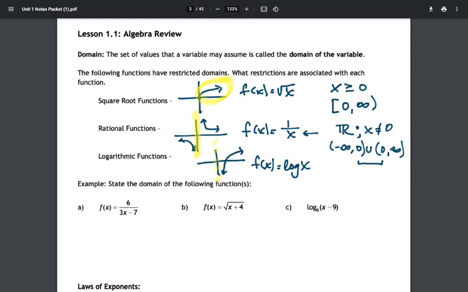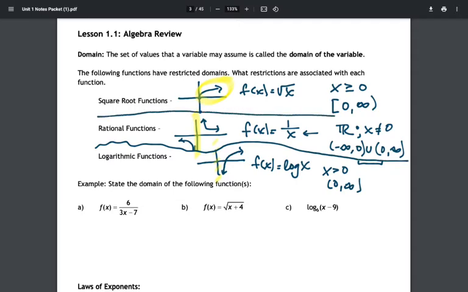So this time, the domain should be x is greater than 0. Oh, whoops, I did that wrong, sorry. x is greater than 0, or in interval notation, you would say 0 to infinity, making sure you use parentheses this time because it's not included. So making sure you know the domain of each of these functions is pretty important.